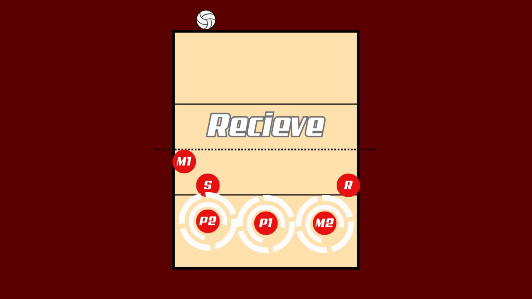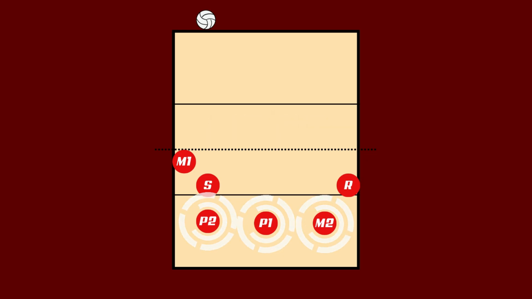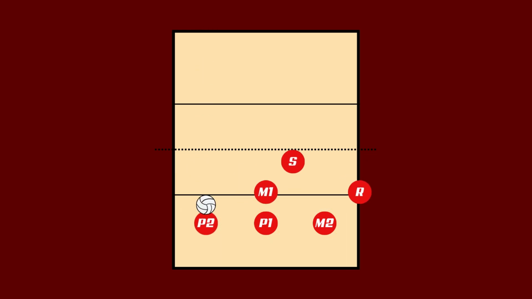P2 needs to pass, therefore they will slide towards zone 5 without crossing the right-hand side of M1, while staying slightly in front of P1. Once the serve comes in, all players are free to move.